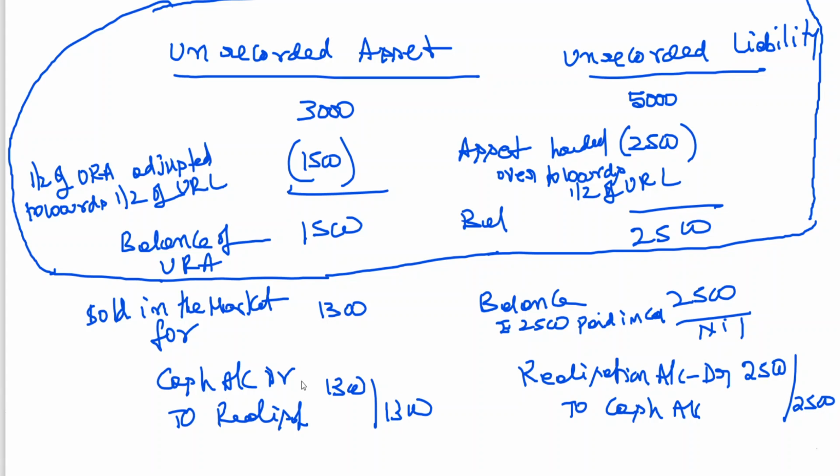Clear to all of you? Cash account debit, realization account 1300. Realization account debit, cash account 2500. Are you following, all of you? This is what I should write. I'm least bothered about the adjustment, handing over half of the unrecorded asset, half of the unrecorded liability. This is completed.